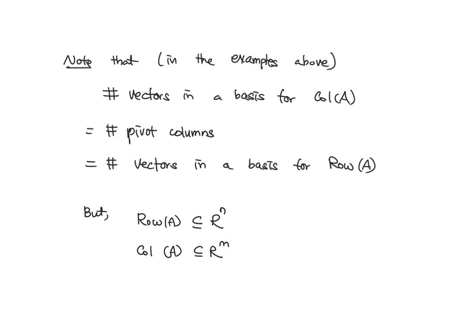Okay, but one common property between these two is that when we consider the basis, the number of non-zero rows in an echelon form will be the same as the number of pivot columns. So the number of vectors in the basis for the column space will be the same as the number of vectors in the basis of the row space.